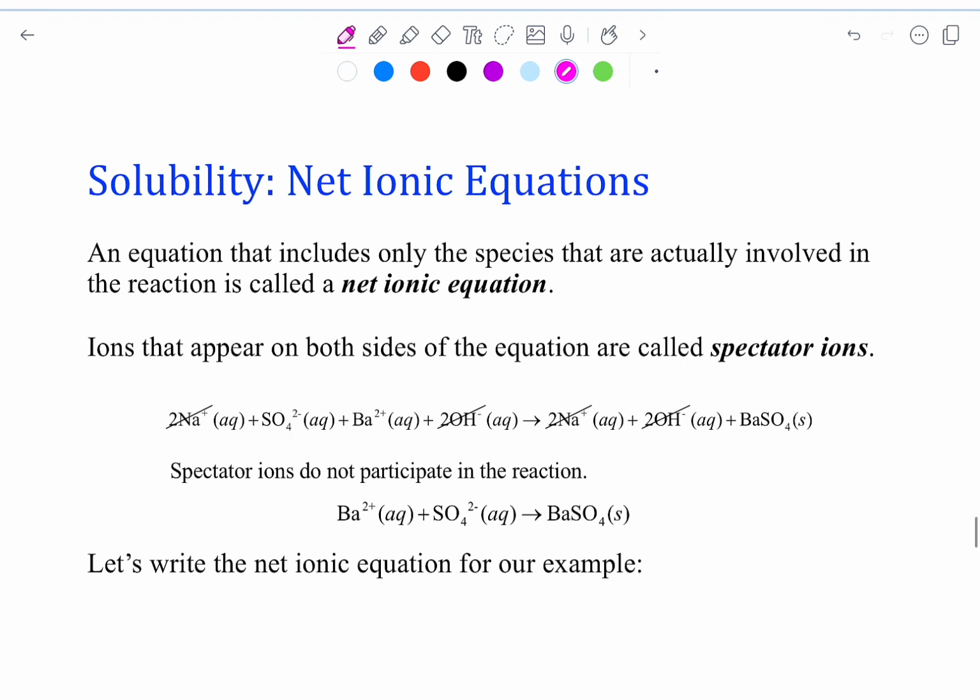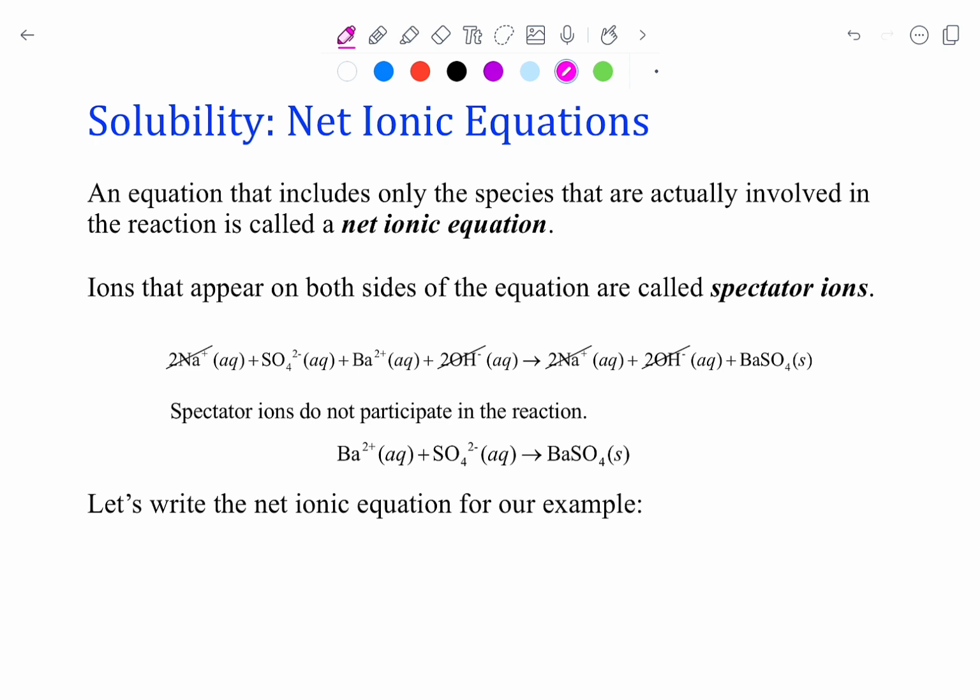In our example of sodium sulfate and barium hydroxide, we formed barium sulfate. The sodium ions and the hydroxide ions did not participate in that reaction. The only ions that participated were the barium and the sulfate.